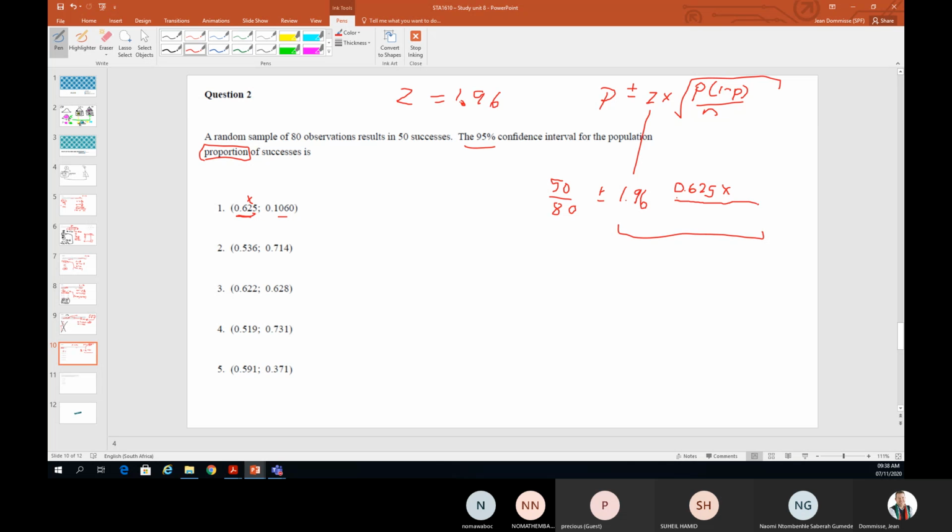But let's first work it out. 0,375, and we divide that by n, which is 80, and we need to take the square root of that.